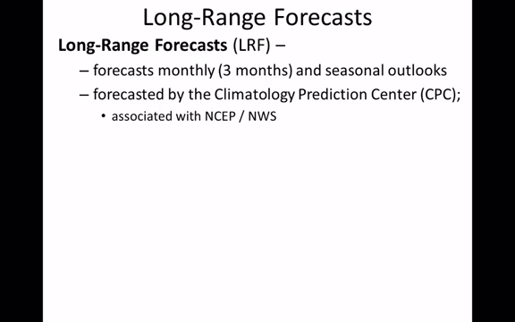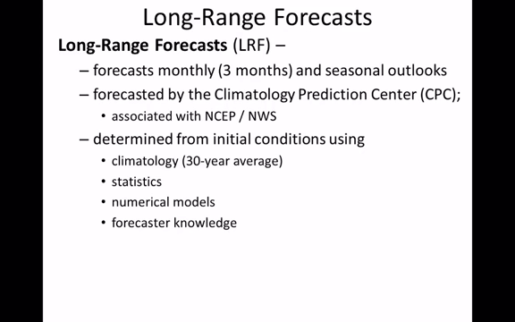So back to your Farmer's Almanac, okay, long-range forecasts. They would be put out by the Climate Prediction Center, or the CPC, in association with the National Centers for Environmental Prediction and the National Weather Service.